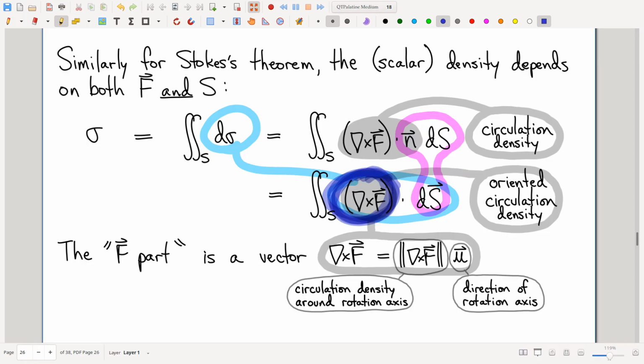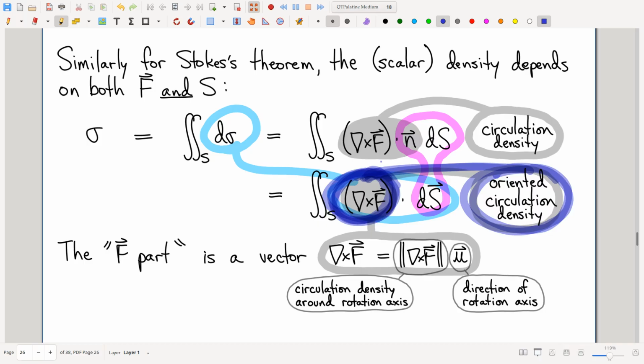So if this is an oriented size, I think it's a reasonable take that we call curl the oriented density. Now again, that's just a point of view, right? It's a way to make sense out of this equation I have in light blue, that is viewing little pieces of circulation as a dot product instead of a scalar product.